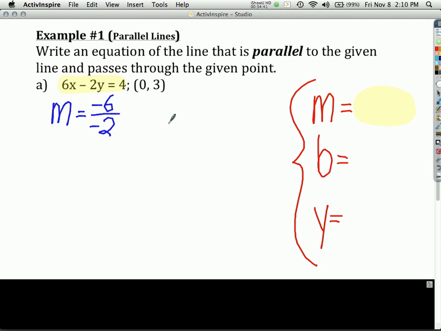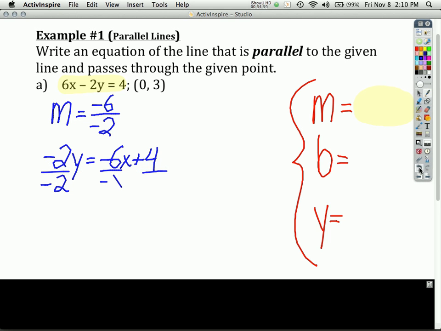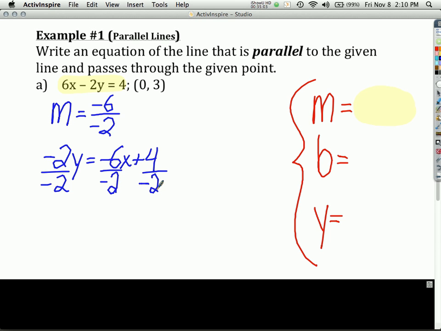So if I say, okay, subtract 6x from both sides, I'll get -2y equals -6x plus 4, and then divide everything by -2, and then I end up with y equals 3x minus 2.